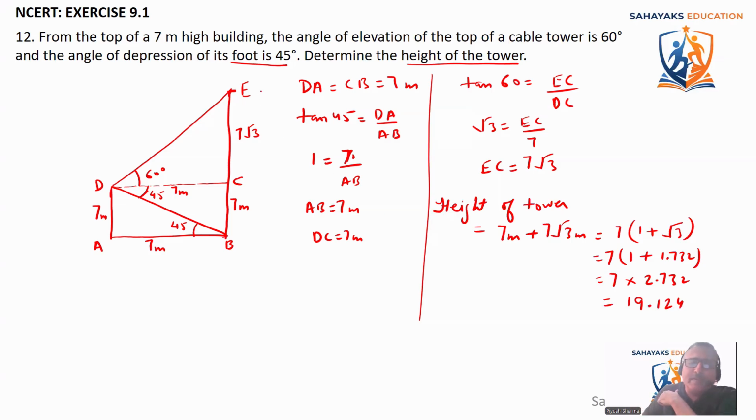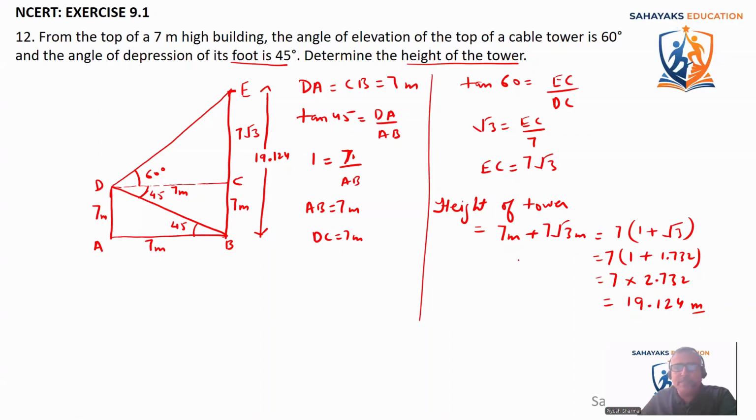So height of the complete tower is 19.124 from here to here. This will determine the height of the tower. It's 19.124 meters. Please don't forget to write meters or the unit, else you will lose on certain marks.